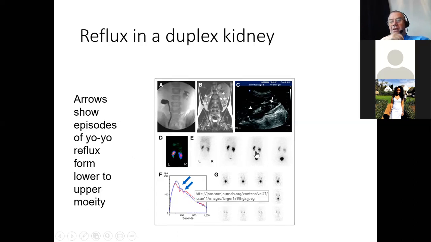Sometimes you can see it in the images, often it's not seen, but if you see this saw shape, check that the patient hasn't moved, and if the patient has a duplex kidney, they may be refluxing between the upper and lower moiety, and that can give you this sawtooth appearance known as yo-yo reflux. And they tend to reflux from lower to upper moiety.